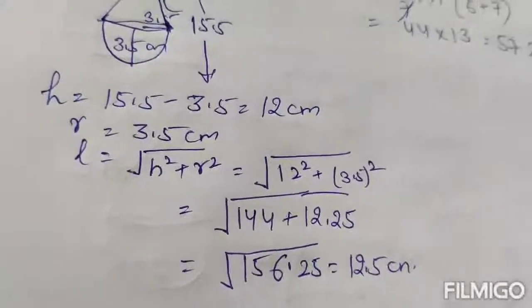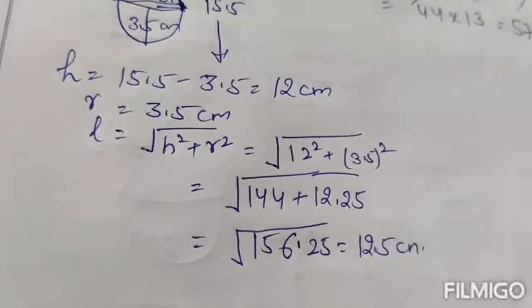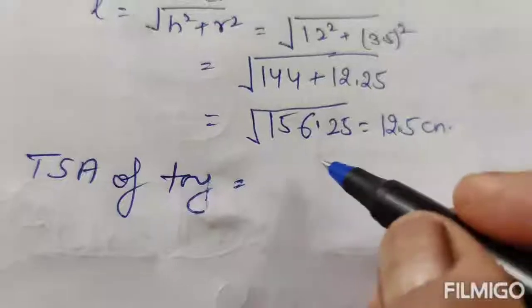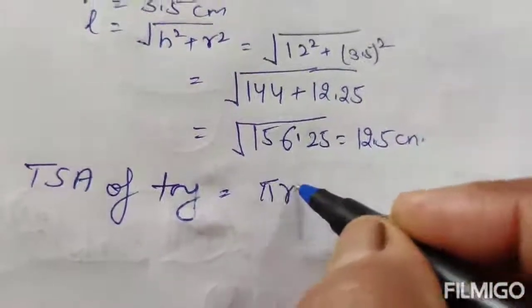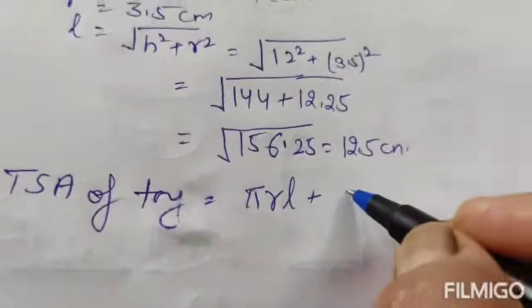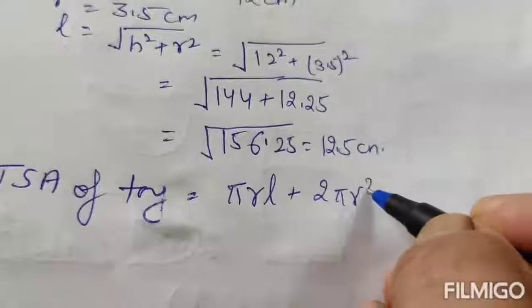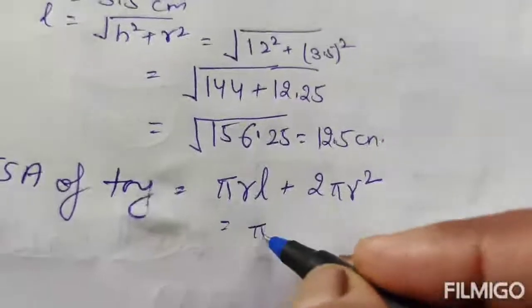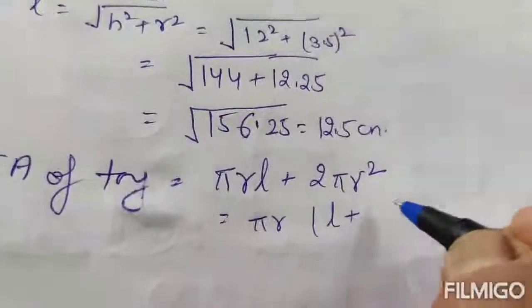Now taking the TSA of the toy, CSA of cone plus CSA of hemisphere. Taking pi r common in bracket, l plus 2r.